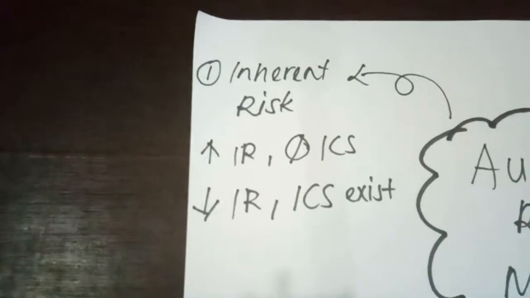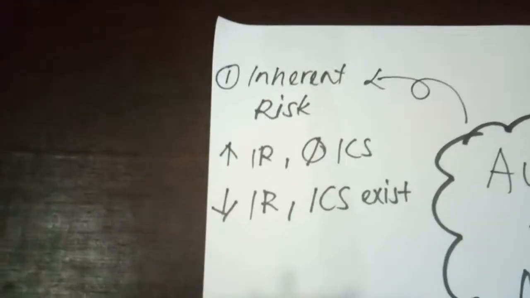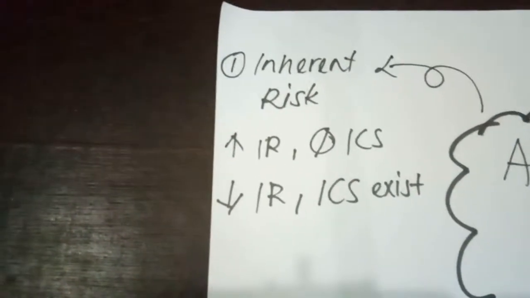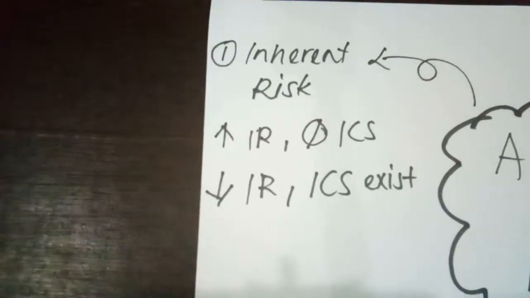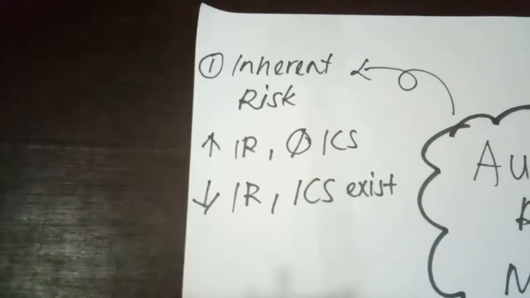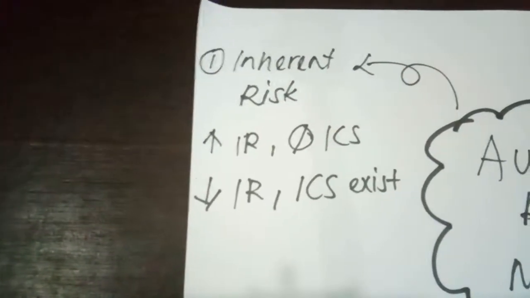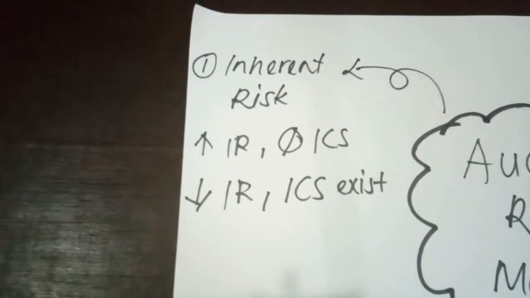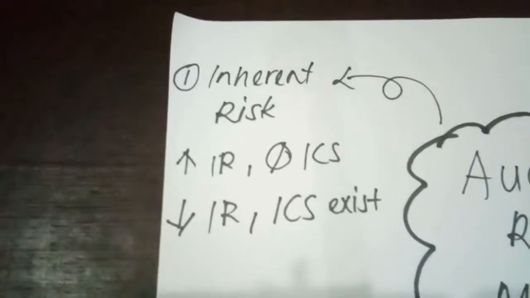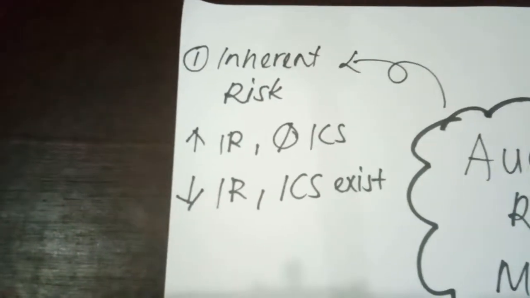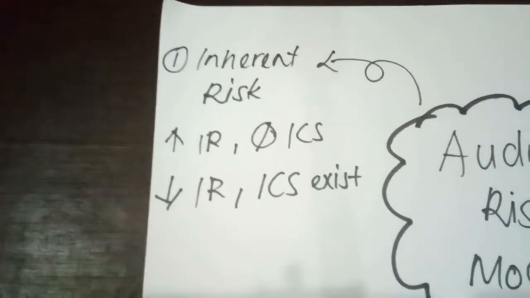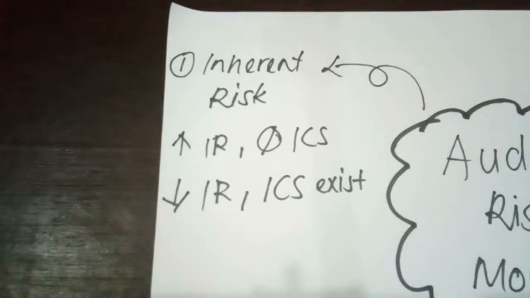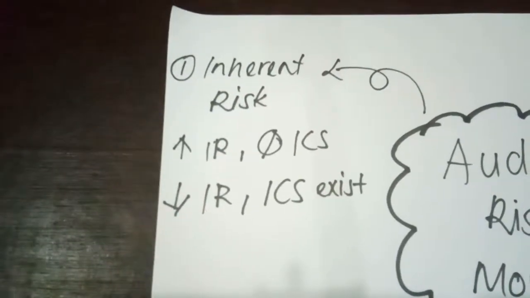As for the assessment of inherent risk, there will be three: the knowledge of client business during initial or recurring audit, the integrity of management, and last but not least, the client motivation. As for the percentage of inherent risk, if the inherent risk increases, the ICS does not exist. However, if the ICS exists, the percentage of inherent risk will decrease.